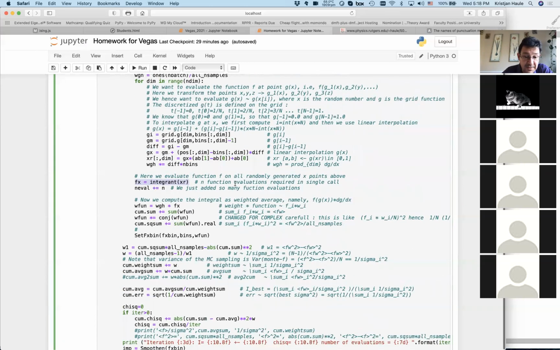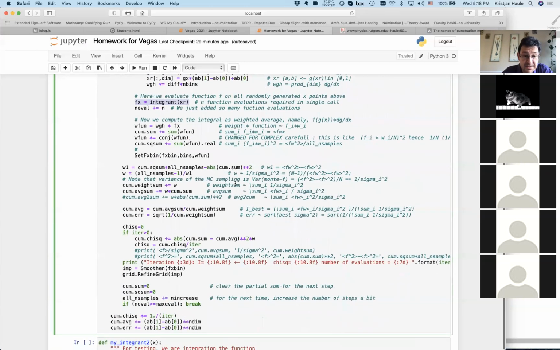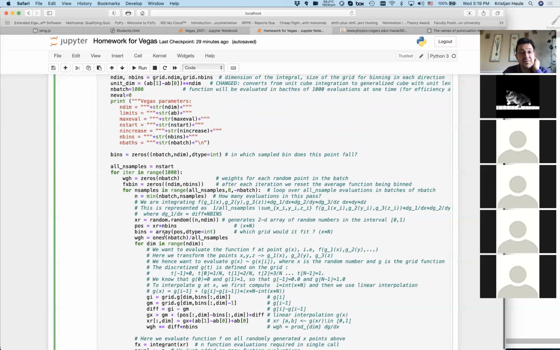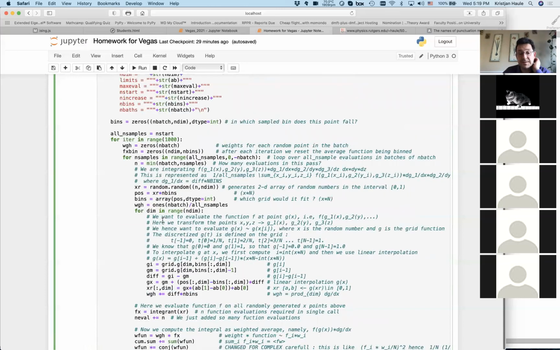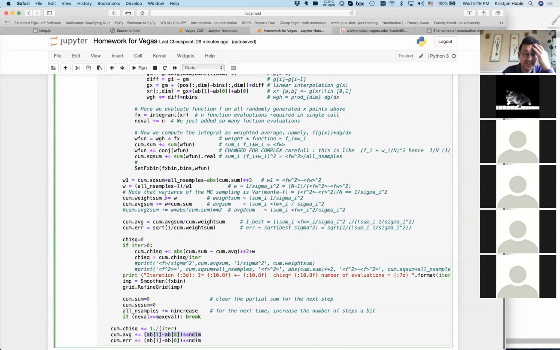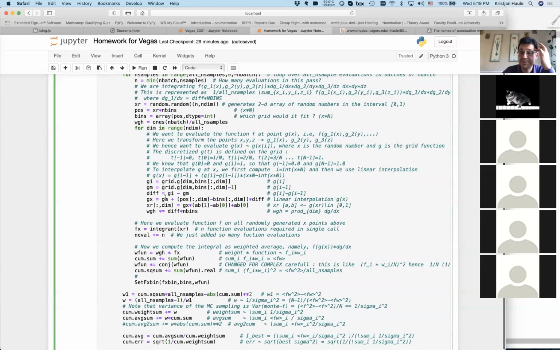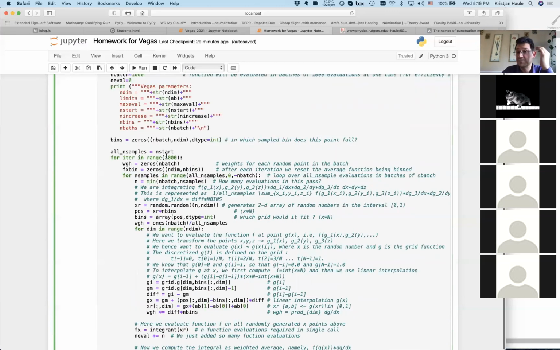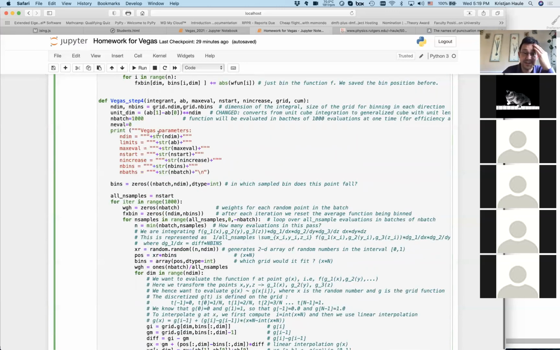And then finally, when we return the very final value, we have to properly multiply with volume again, which is b minus a to the power of dim, which is exactly the same as this quantity that we evaluated at the top, which is unit dim. So these are basically the only 2 or maybe 3 changes that you need to do in order to generalize the algorithm to work from generic A to generic B.